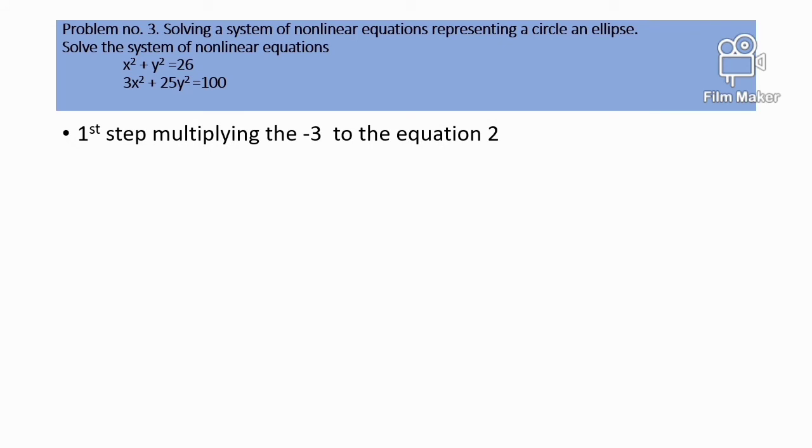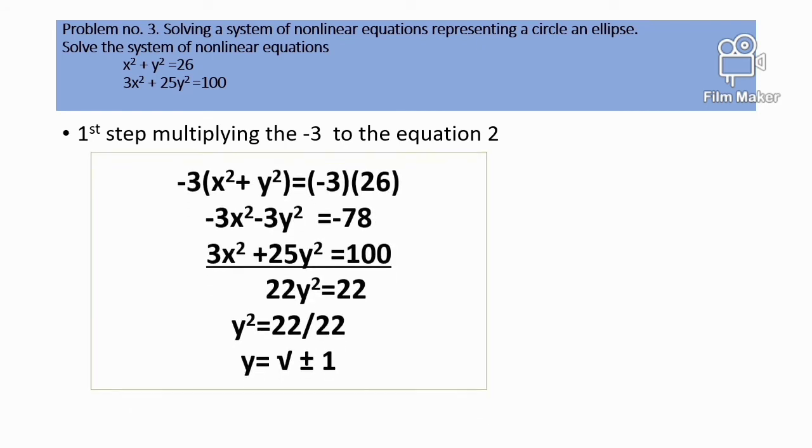So, first step, multiply negative 3 to equation 1. So, negative 3 multiplied by (x squared plus y squared) equals negative 3 times 26. So, negative 3x squared minus 3y squared equals negative 78.